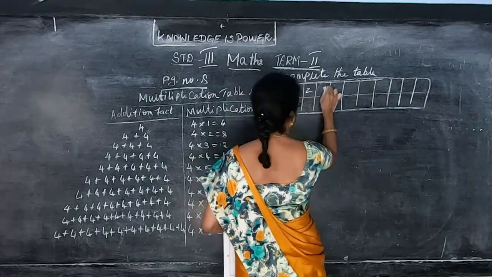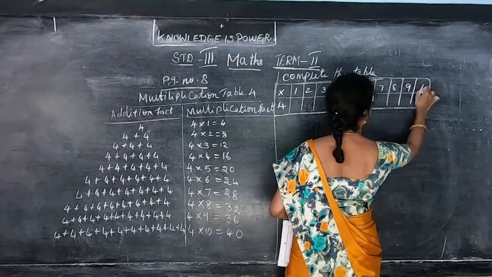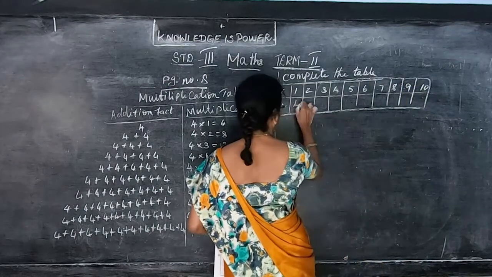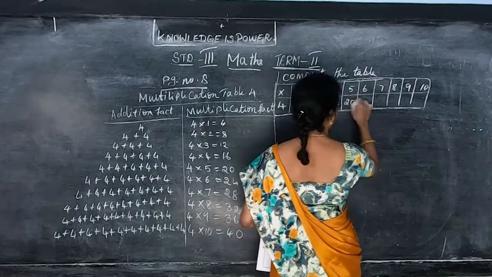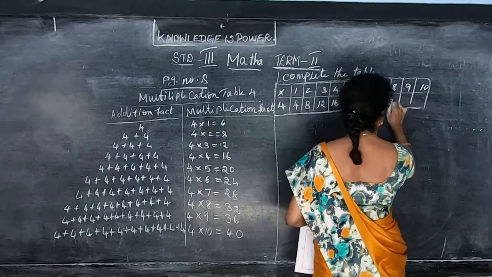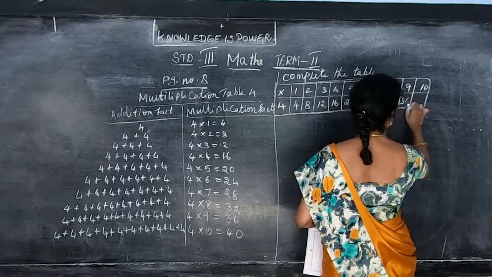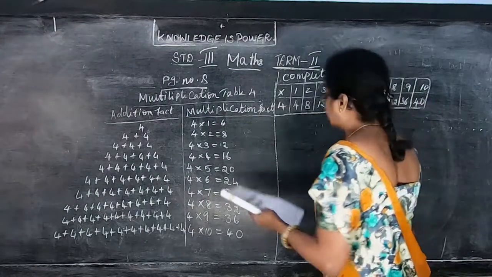You put the number up to 10. Now we can write 4 ones are 4, 4 twos are 8, 4 threes are 12, 4 fours are 16, 4 fives are 20, 4 sixes are 24, 28, 32, 36 and 40. So you have to complete the table like this.